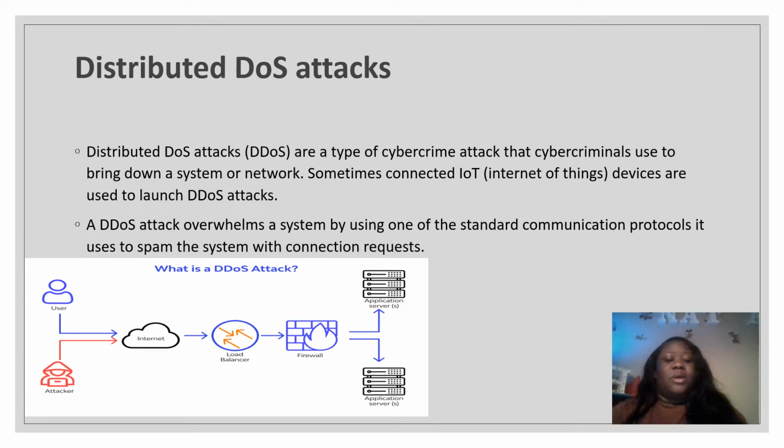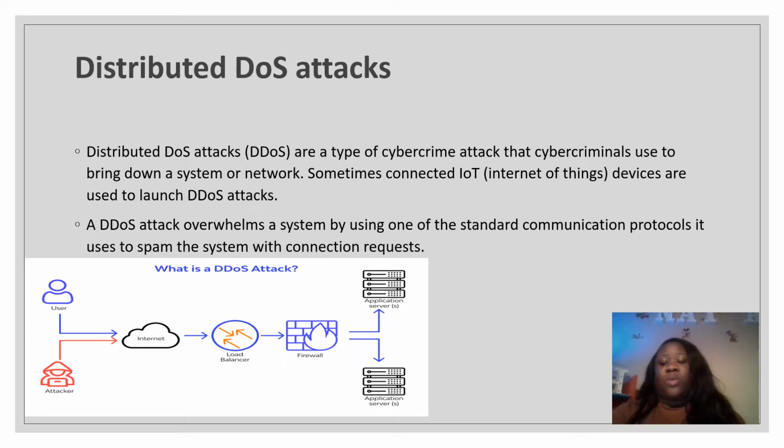The last example that we'll be talking about is distributed denial of service attacks. Distributed denial of service attacks, also known as DDoS, are a type of cybercrime attack that criminals use to bring down a system or a network. Sometimes Internet of Things, IoT, devices are used to launch DDoS attacks.